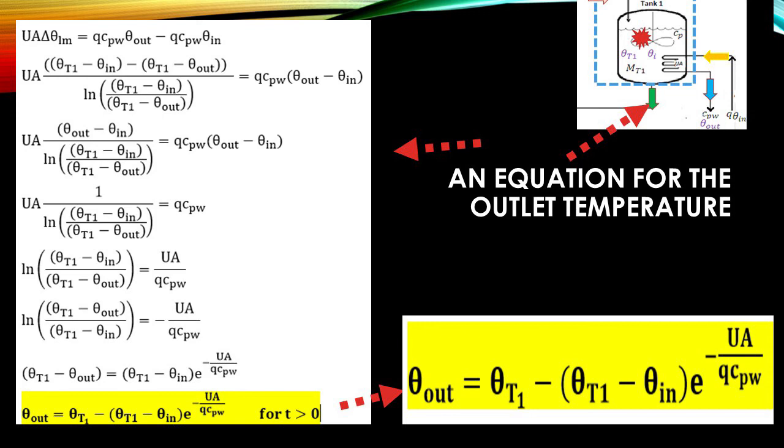We'll get to that in the discussion a little at the end. Then you rearrange for the temperature out, which is what we're trying to get, and you get this equation. It's just algebra, really nothing too complicated.